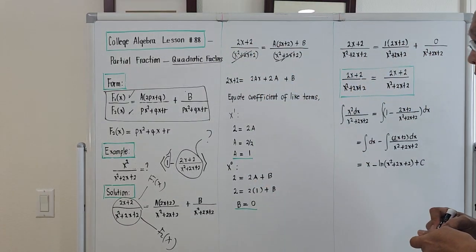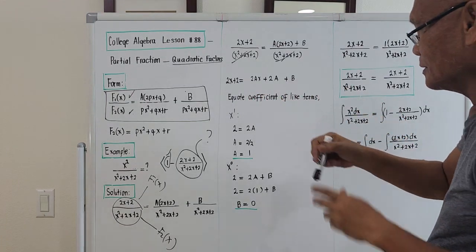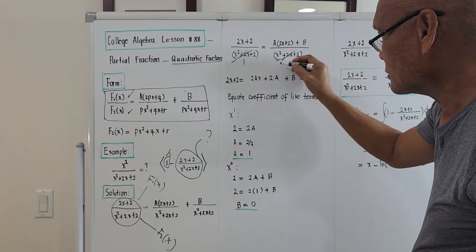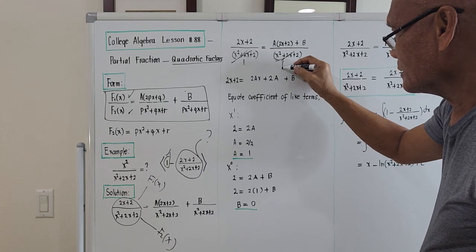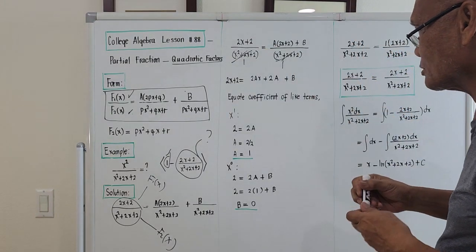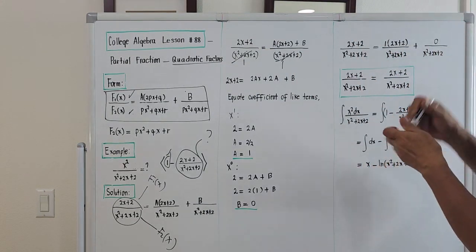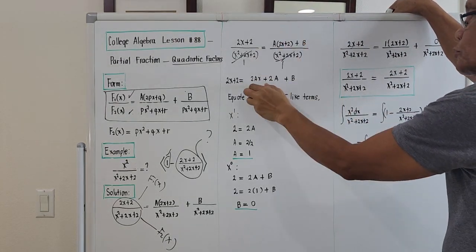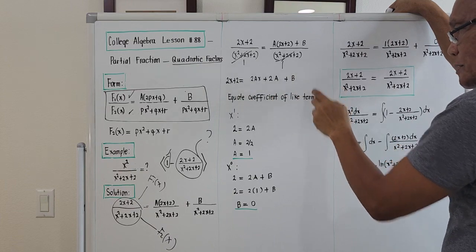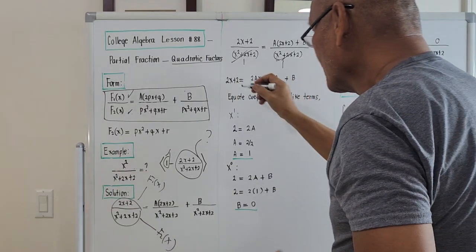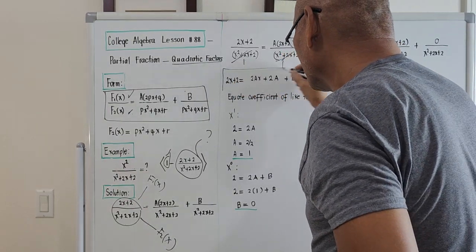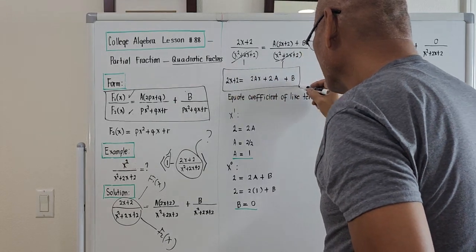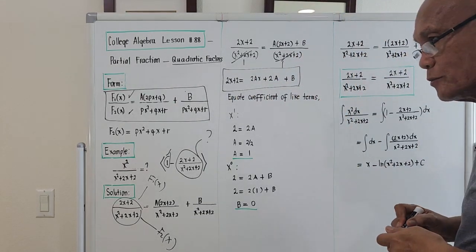After the cancellation, this is now 1, this is 1, so no more denominator. What comes out will be 2x plus 2. We expand this one now: 2Ax plus 2A plus B. So this will now be the resulting equation needed to compute for the values of A and B.